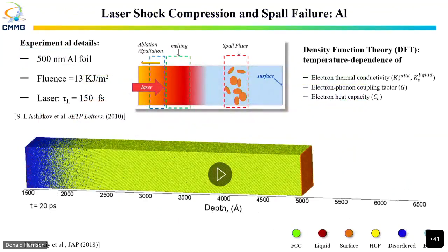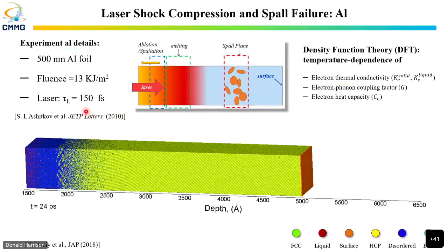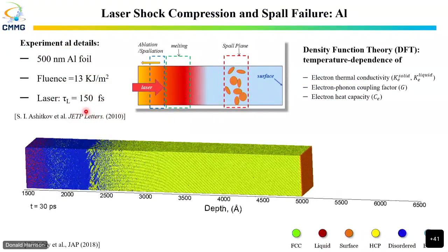This is laser shock compression of aluminum over here. The idea is you have a slab, the laser comes in, and we use experimental conditions. There are some experiments which have been done at sub-micron size dimensions. The fluence is 13 kilojoules, the pulse duration is 150 picoseconds, and we can run the same simulation. So this is a shock of aluminum, and we are only looking at the microstructure.